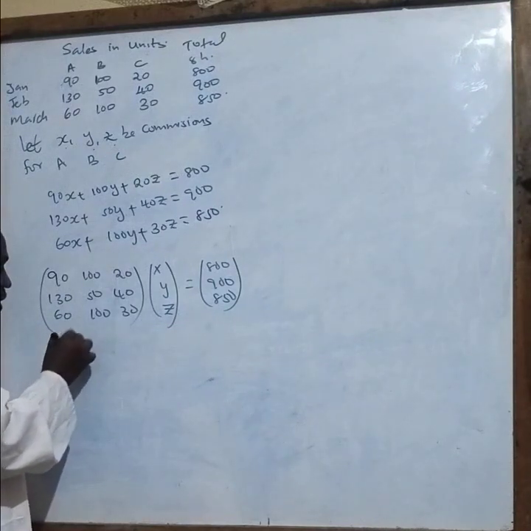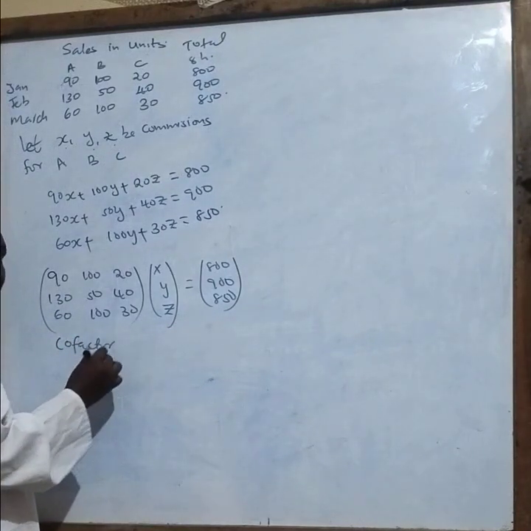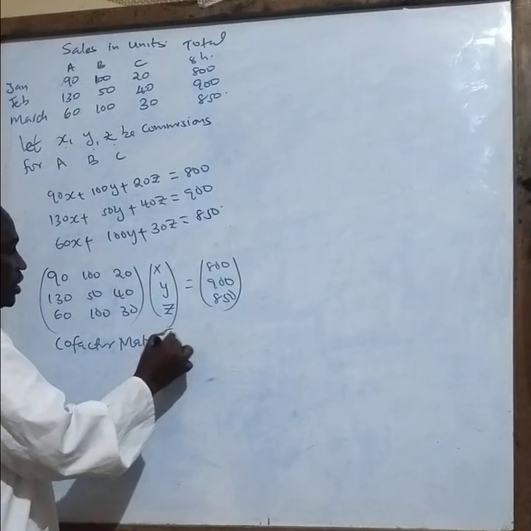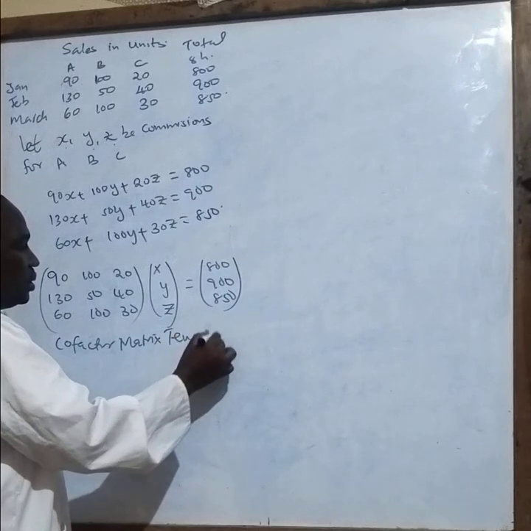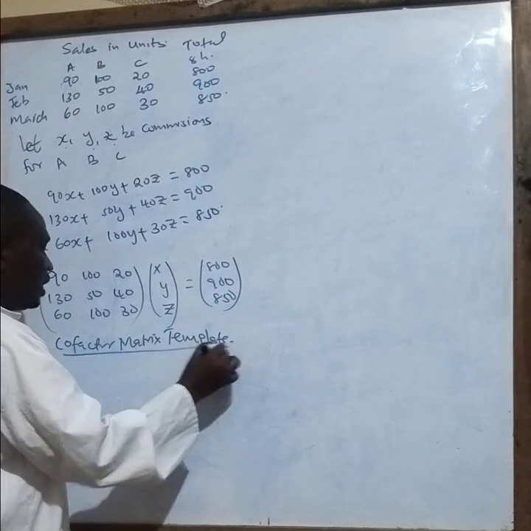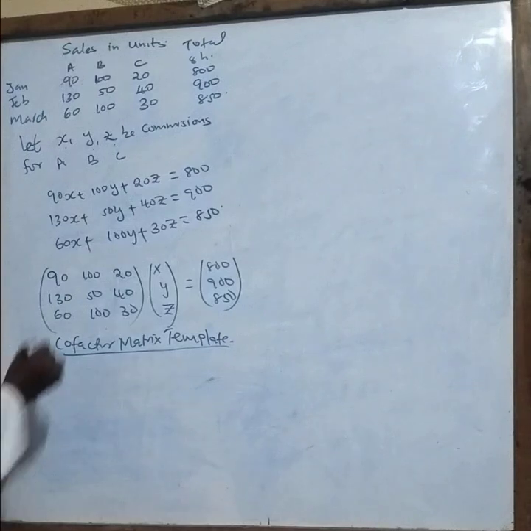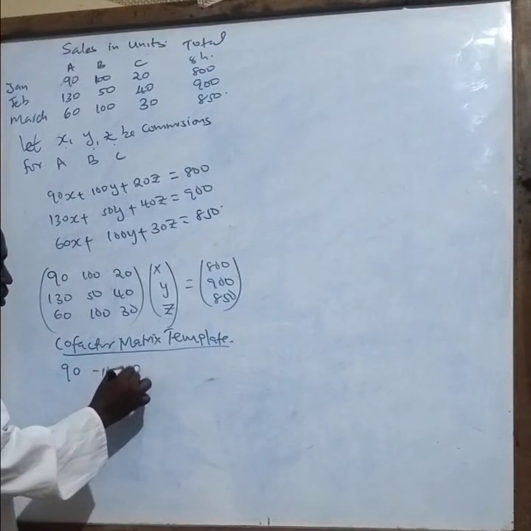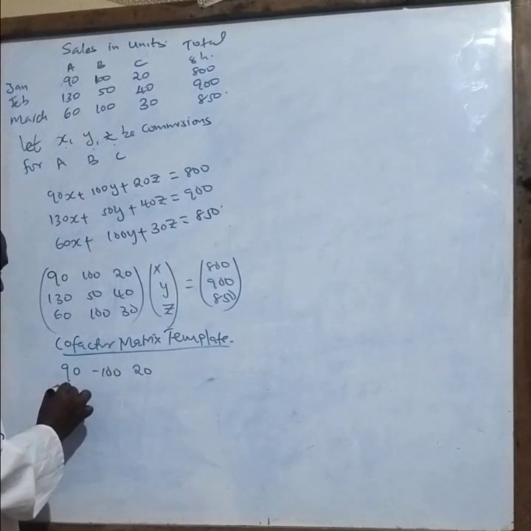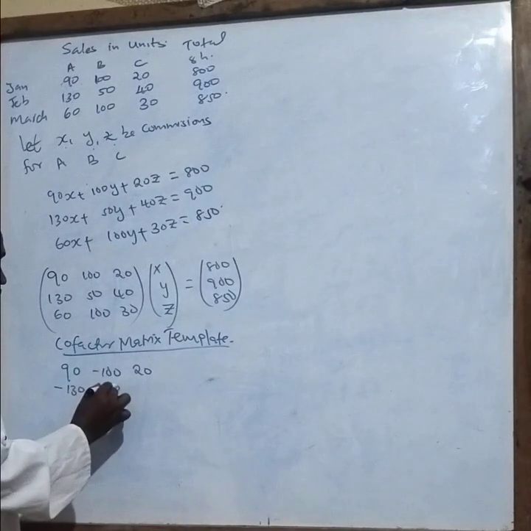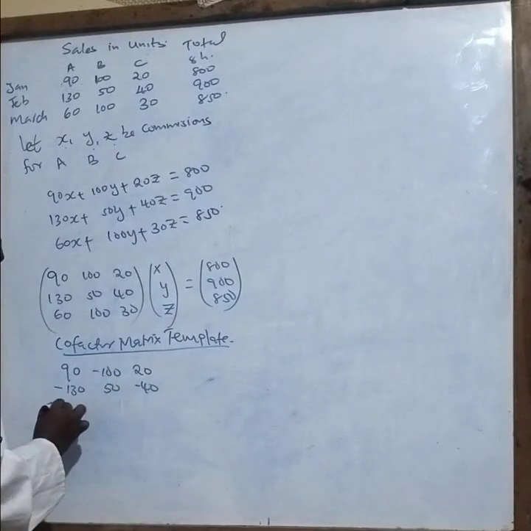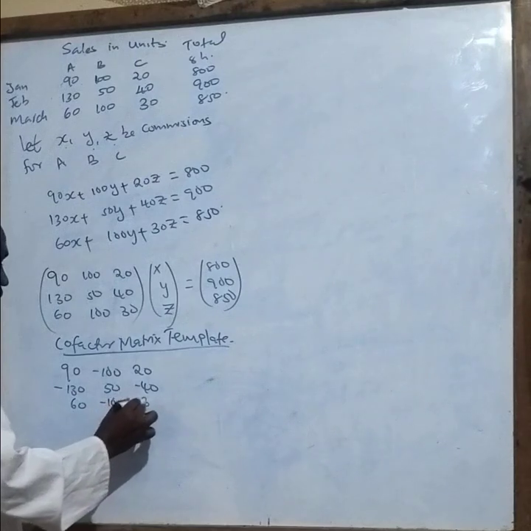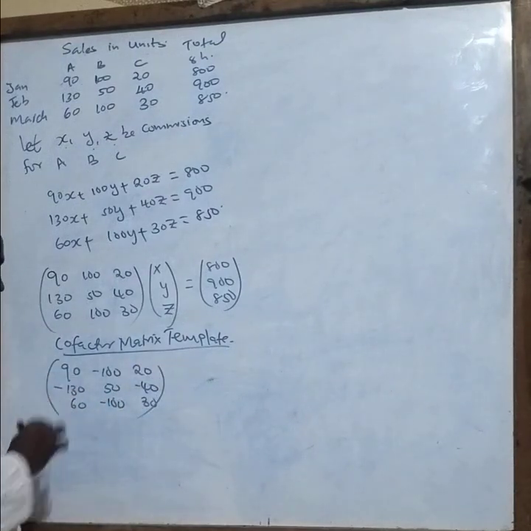Procedure number 1, calculate the cofactor matrix template. I think by this time you have known how to come up with the template. This one will be 90, negative 100, positive 20, negative 130, positive 50, negative 40, then positive 60, negative 100, positive 30.